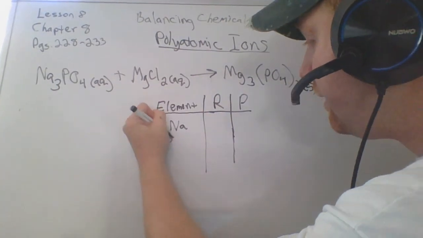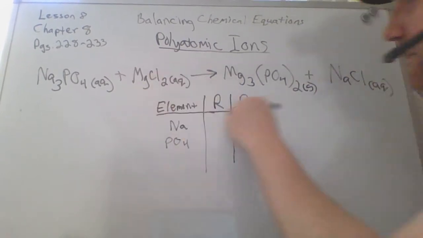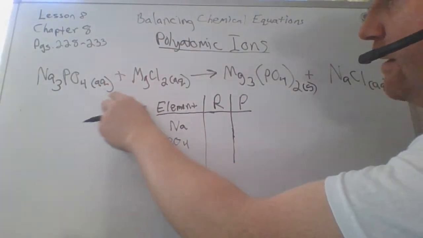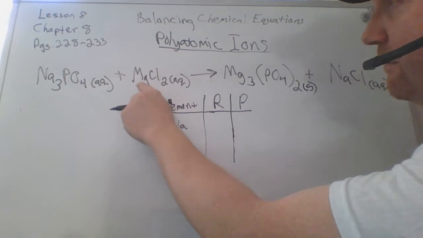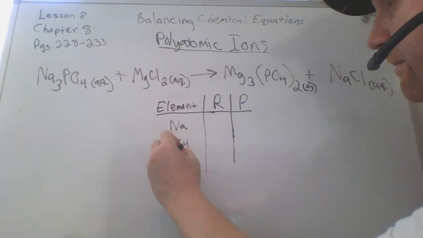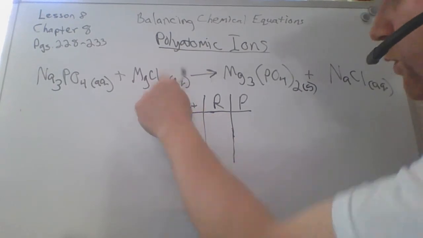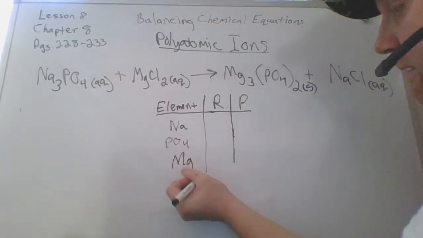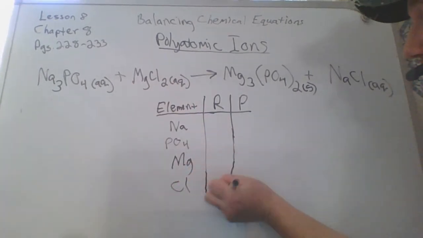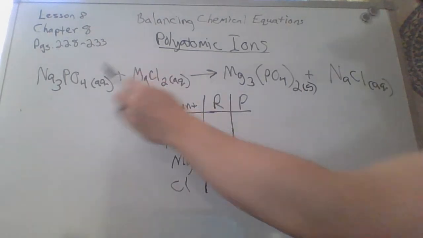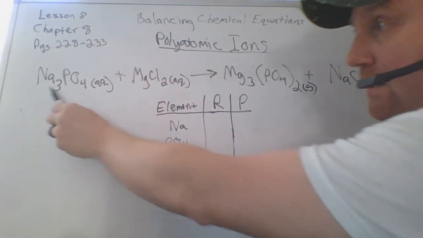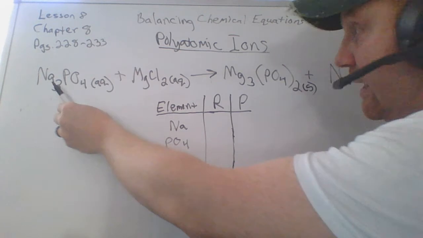So I'm going to put PO4. What else do we have here? We have 2 other elements that are involved. We have magnesium, Mg, and we have chlorine, Cl. Let's see what we can do here and see what we need. Sodium, let's start there. I see a total of 3 on the reactant side.